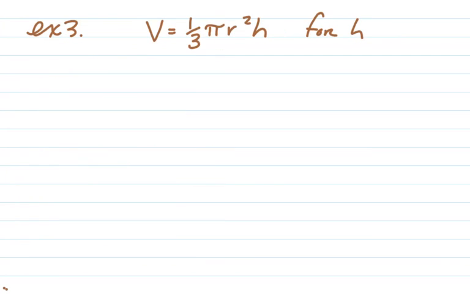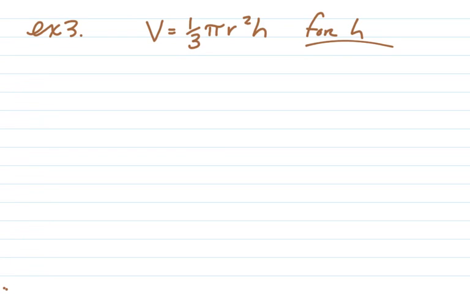This is, again, like I was saying before, the volume of a cone, where h would represent the height of the cone. I want to solve for h in this equation. H is being multiplied by three different things: an r squared, a pi, and a 1/3.